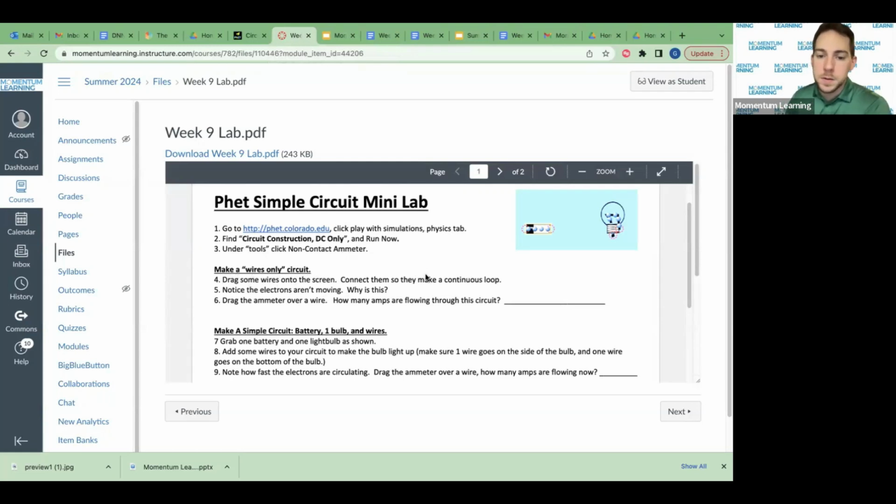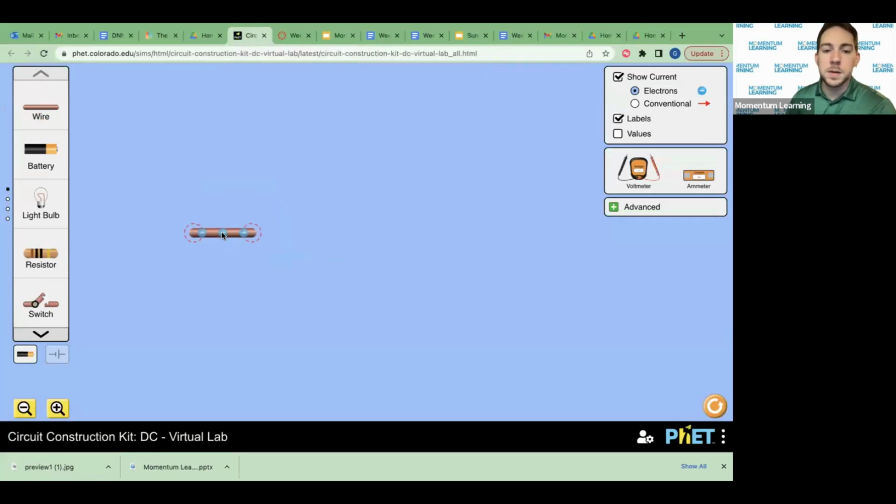Drag some wires onto the screen, connect them so they make a continuous loop. It's basically saying build a circuit with no power source or device and observe what happens. So let's do that. We have our wire here making a closed loop. And just as you can probably guess, nothing happens.